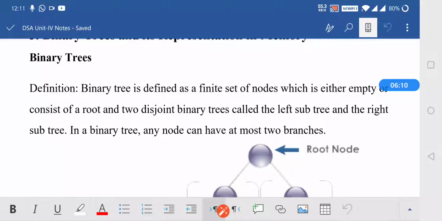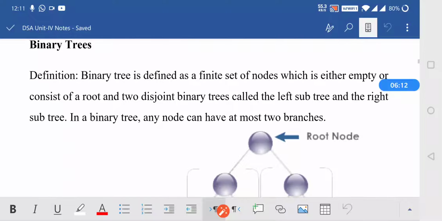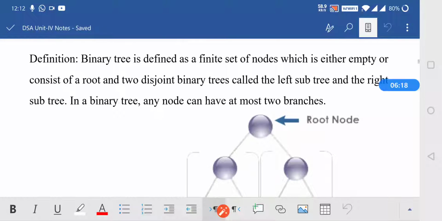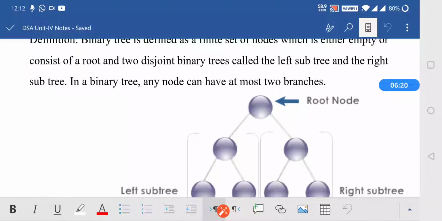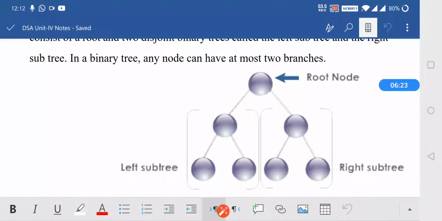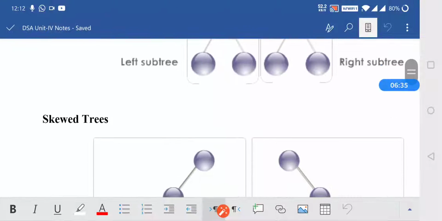Now binary tree is nothing but the tree which contains the set of nodes that are either empty or consist of root and two disjoint binary trees, that is left subtree and right subtree. As we have seen, this is a particular root node, this is our left subtree and this is our right subtree, but each and every node should have either 0 or 2 child nodes.